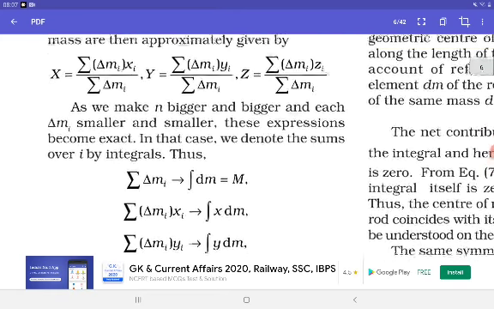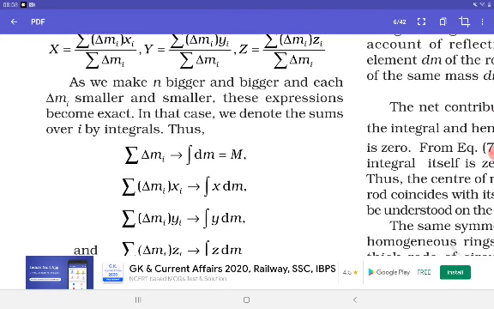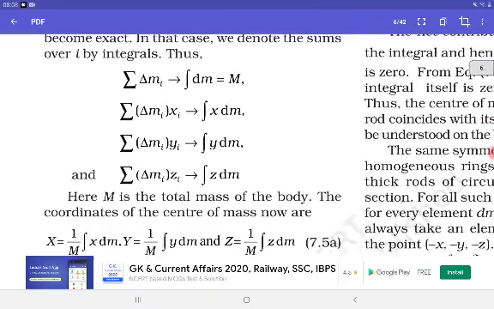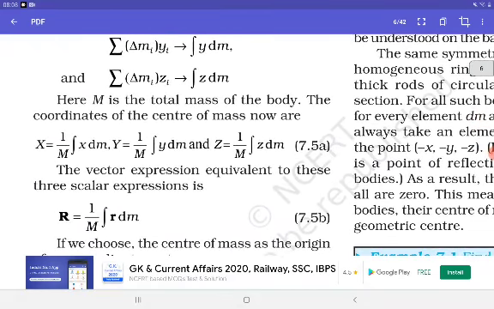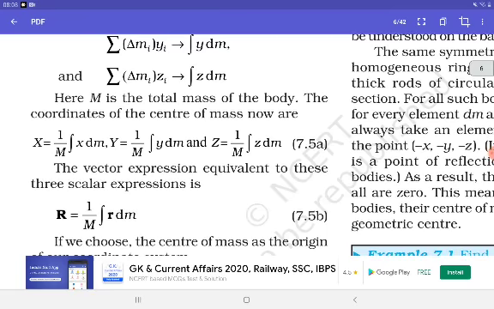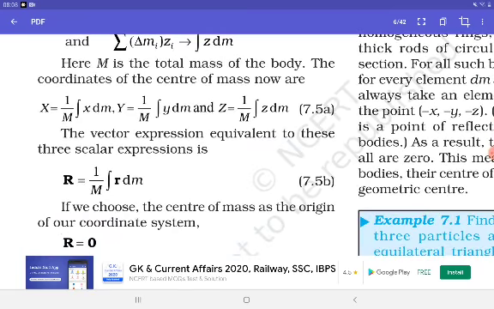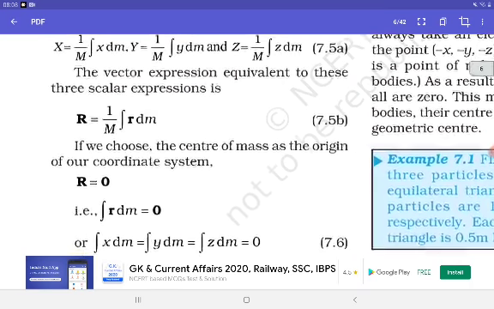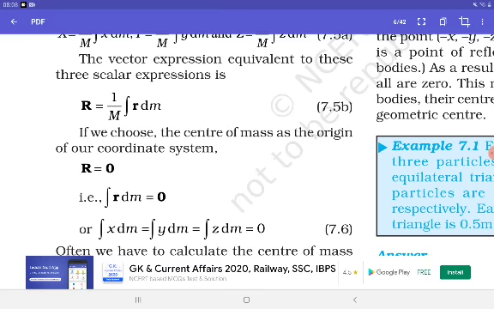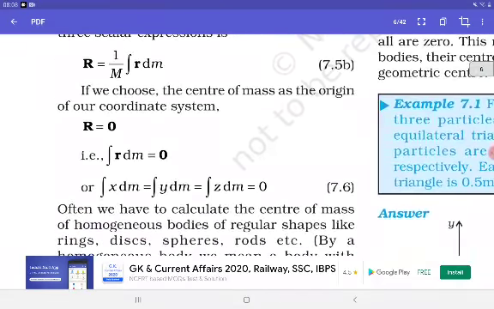In that case, we denote the sums over i by integrals. Here M is the total mass of the body. The coordinates of the center of mass now are x equals 1 upon M integral x dm, y equals 1 upon M integral y dm, and z equals 1 upon M integral z dm. So R equals 1 upon M integral R dm. If the origin is at the center of mass, R equals 0.